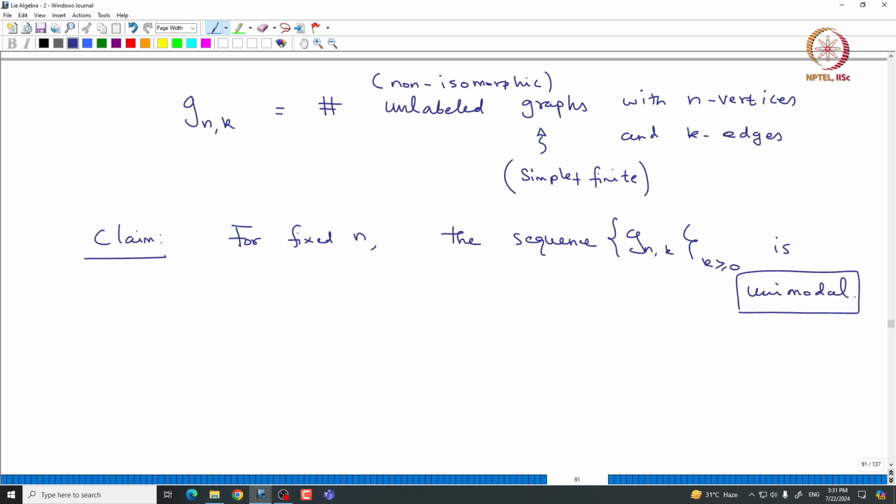Then we can define an SL2 action on this subspace, which is a subrepresentation spanned by the unlabeled graphs. Using that, one can try to prove that these numbers are indeed symmetric about the middle. We are going to very explicitly construct an SL2 action on some important subspaces of this space of labeled graphs, and then we will use SL2 representation theory to prove this result.